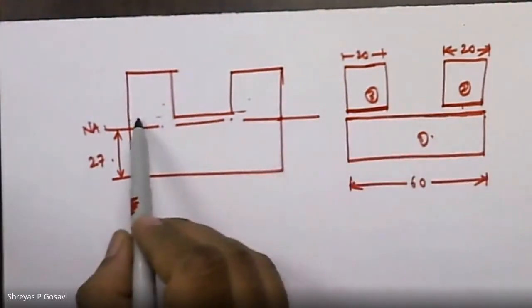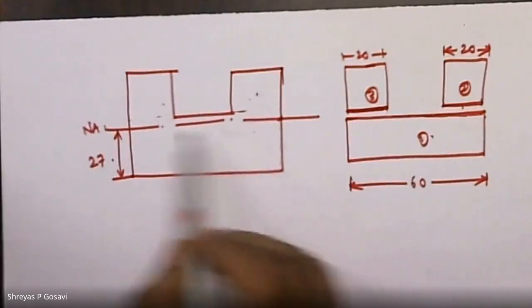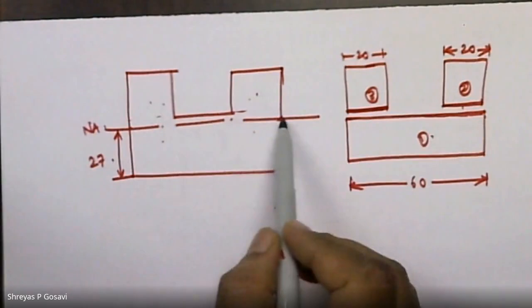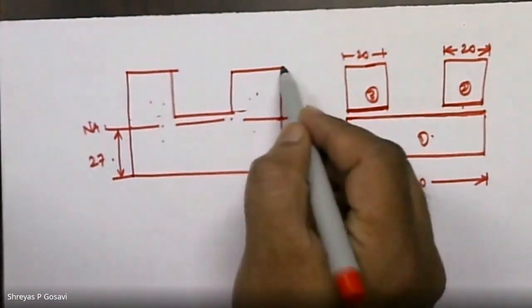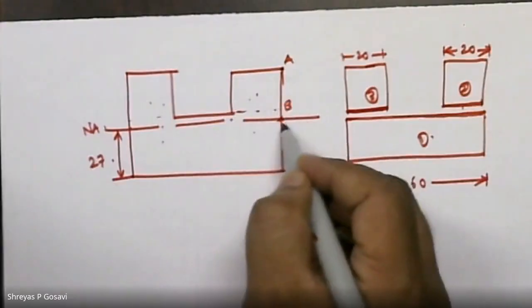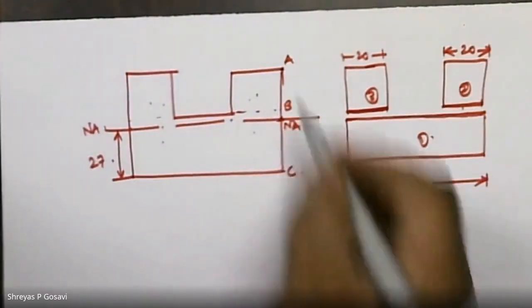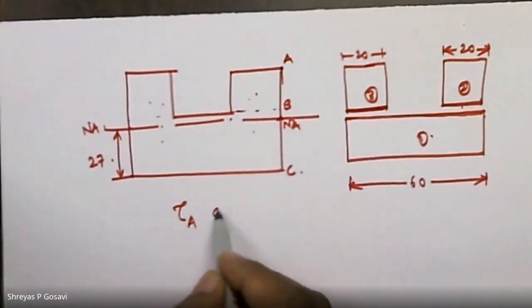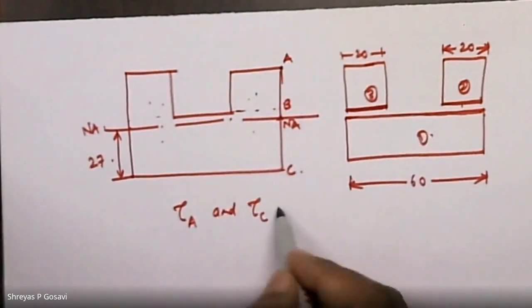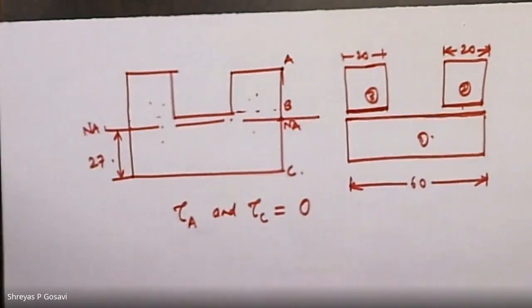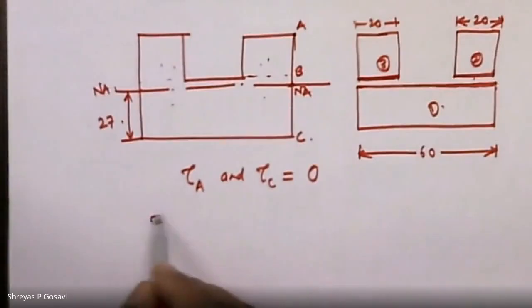This is with respect to the junction of these three subsections, and then the shear stress about the neutral axis. Shear stress about the extreme fibers, if we name them A and C, will be equal to 0. Now let us calculate the shear stress about the neutral axis first.